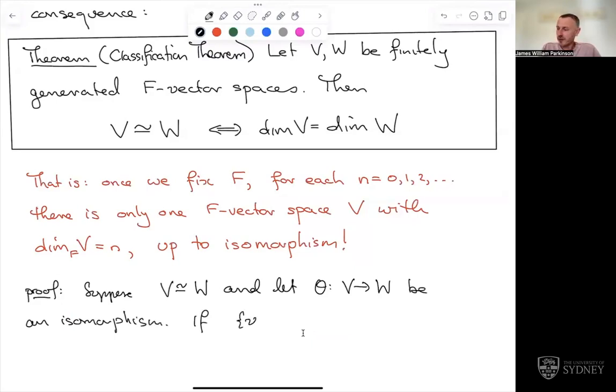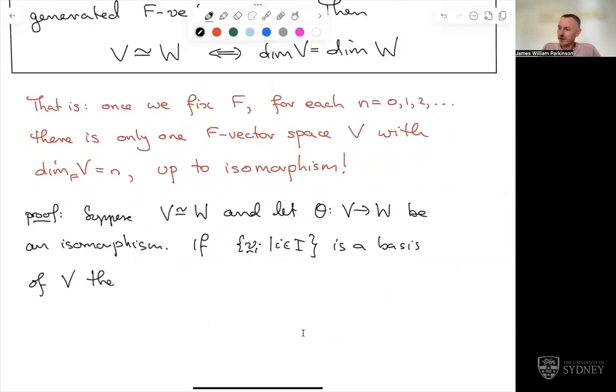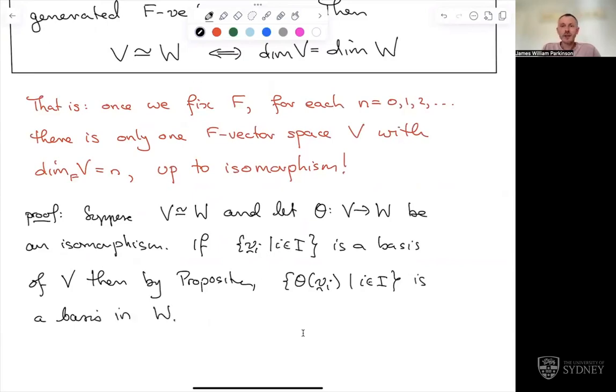Then if the vi, i in I, is a basis, then by the proposition, the image is also a basis in W. And so they have the same dimension.